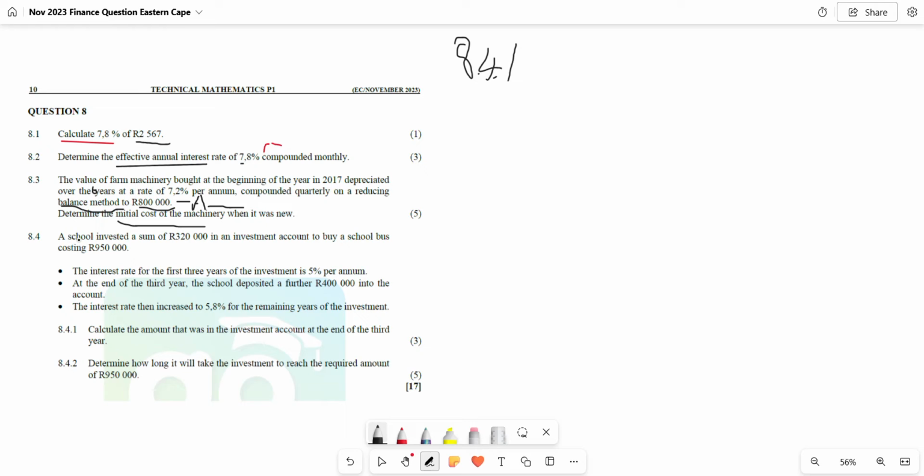8.4 says a school invested a sum of 320,000 rand in an investment account to buy a school bus costing 950,000 rand. That is the cost of this school bus. The first bullet says the interest rate for the first 3 years of the investment is 5% per annum.